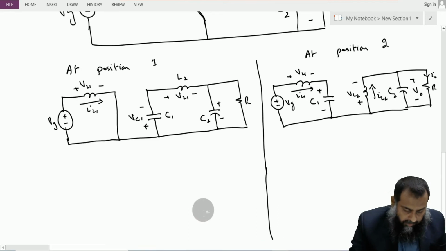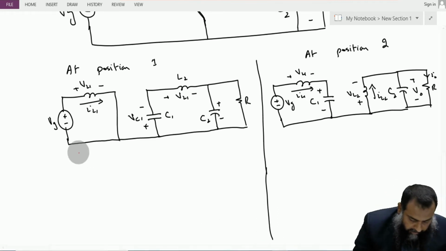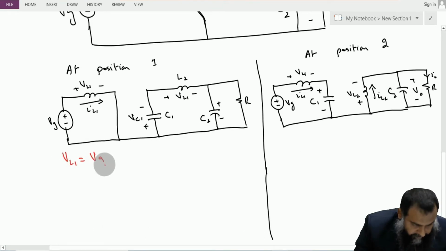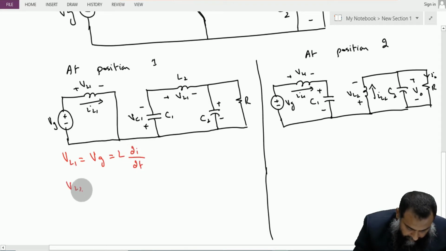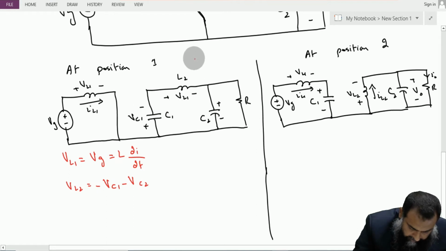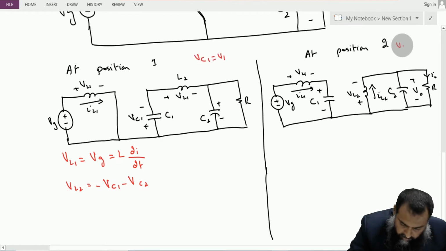So for position number 1, the key equations are that VL1 is equal to Vg, and that is equal to L1 di over dt. Also we have VL2 that is equal to minus Vc1 minus Vc2, and to further simplify, we can say that Vc1 is equal to V1 and Vc2 is equal to V2.